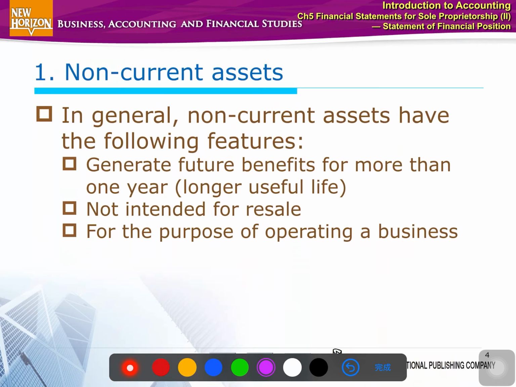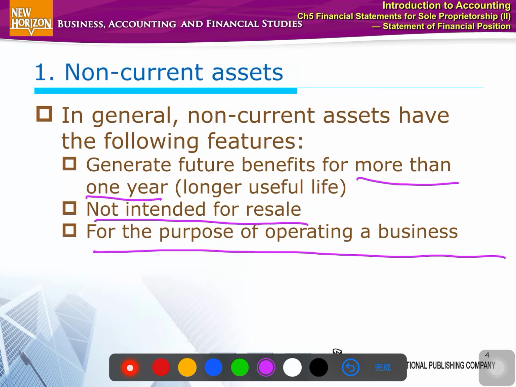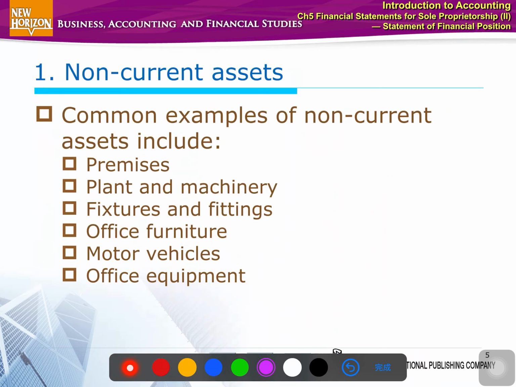So let's talk about non-current assets. They have three kinds of features: more than 1 year, not intended for resale, and for the purpose of operating a business. These are the examples: premises, plant and machinery, fixtures and fittings, office furniture, motor vehicles, office equipment.